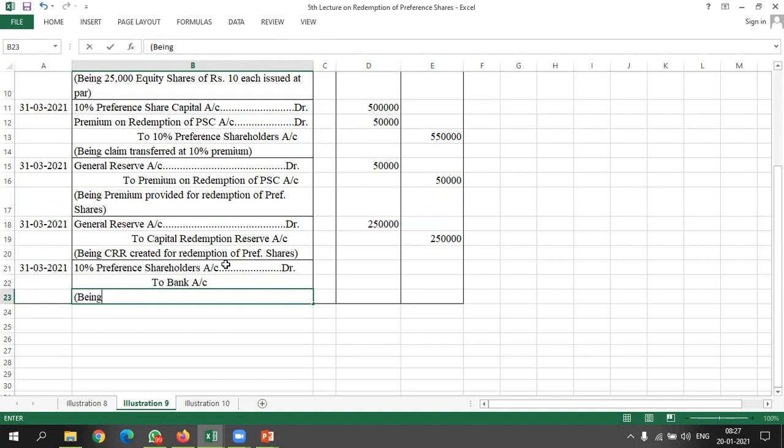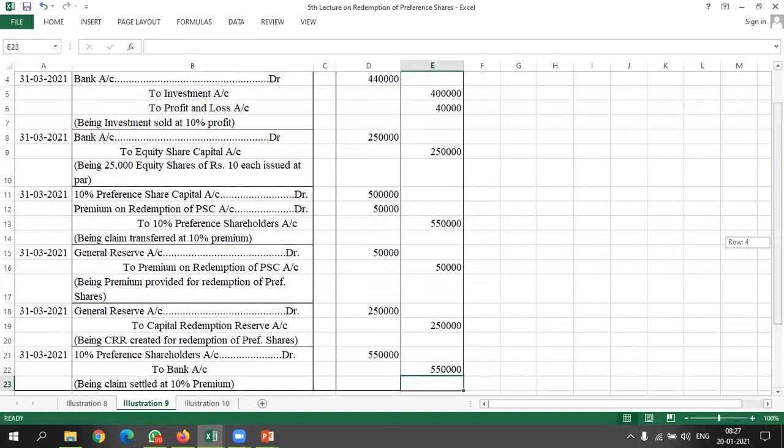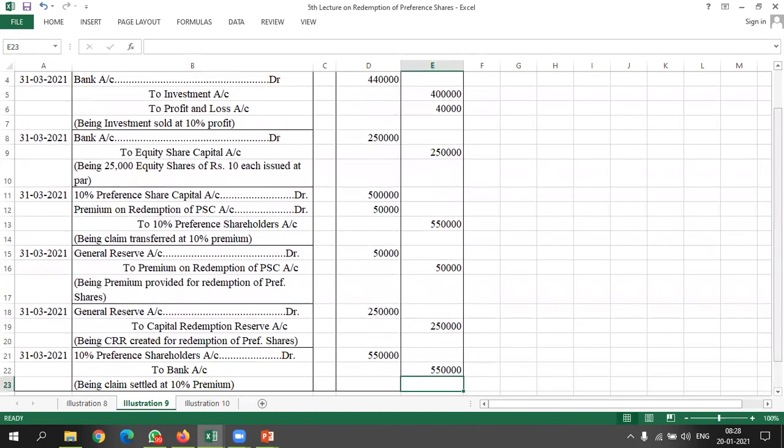Here we will add being claim settled at 10% premium. 5,50,000. This is how we have completed our problem. There are total 6 entries, I think. Yes, there are total 6 entries.